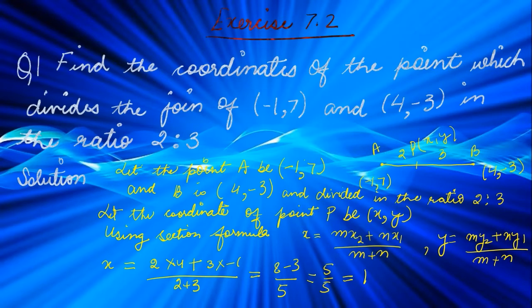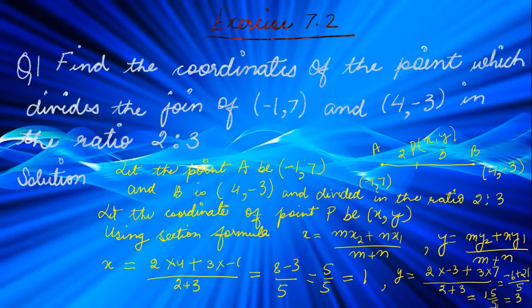Now for y, it is (2 into -3 plus 3 into 7) divided by (2 plus 3). So it is (-6 plus 21) upon 5. So it will be 15 upon 5 equals 3.